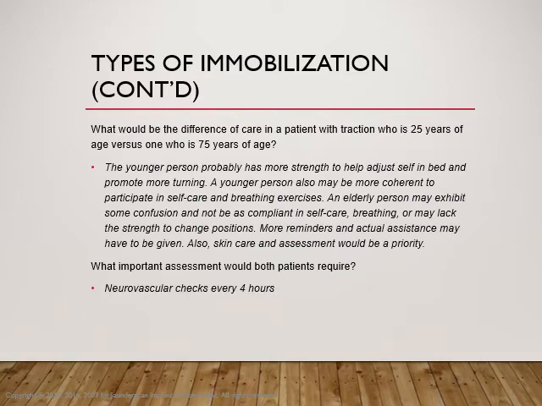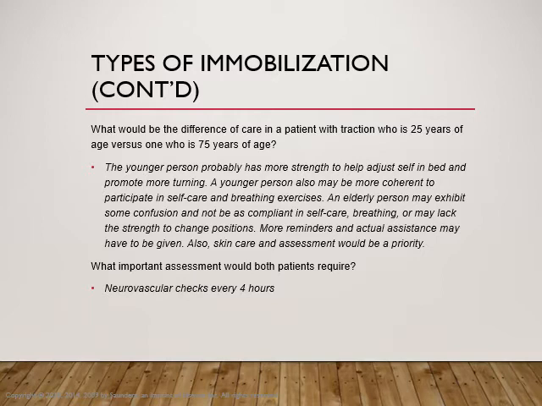What would be the difference of care in a patient with traction who is 25 years of age versus one who is 75 years of age? The younger person probably has more strength to help adjust self in bed and promote more turning. A younger person also may be more coherent to participate in self-care and breathing exercises.